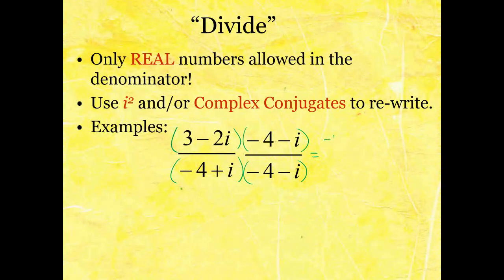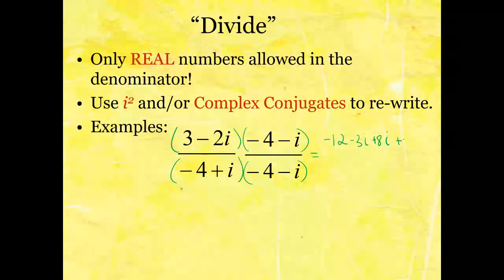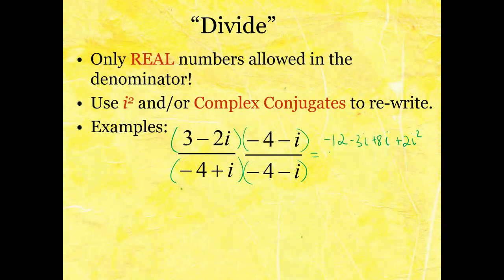All right, so my numerator is going to give me negative 12 minus 3i plus 8i plus 2i squared. I'll simplify that in a moment. Over, if I remember a squared plus b squared, it's going to help me a lot. I have a squared, and then b squared is just the coefficient, which just happens to be 1. Don't worry about the plus or minus.